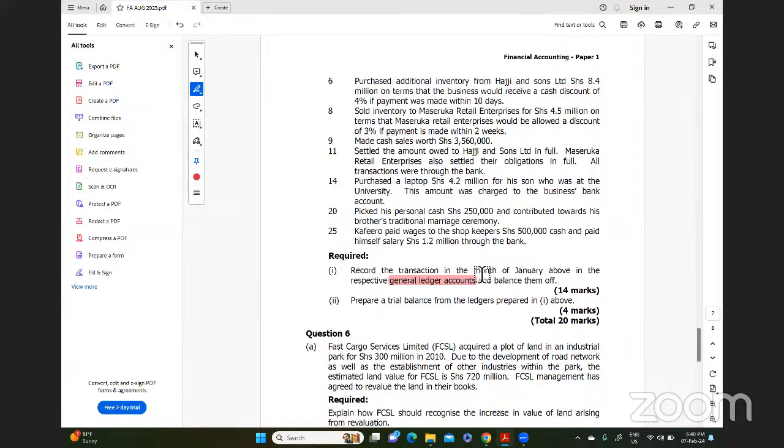Because if you draw ABC Limited's account, then that is going to be a subsidiary account. So what the examiner expects from us, if he says general ledger, is that anything to do with the payable and the receivable, put it under one account, one umbrella, irrespective of who we have sold to on credit or who we have purchased from on credit. Are we together, guys? That is general ledger, if he says general ledger.